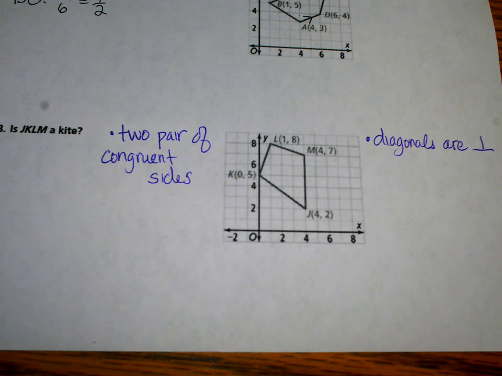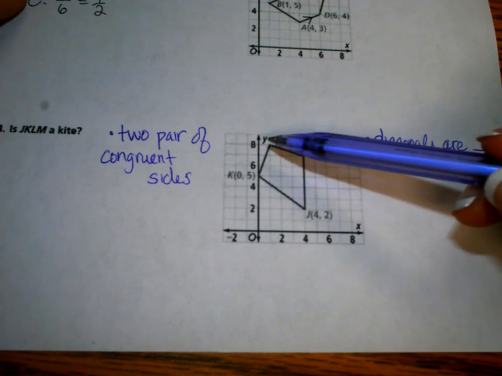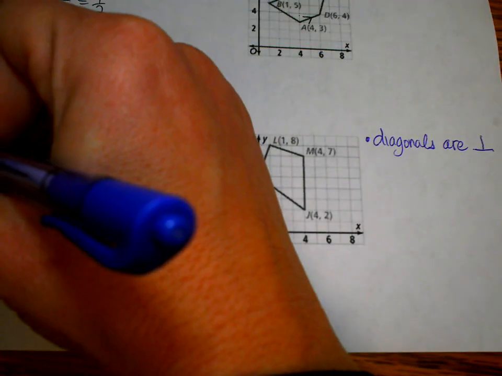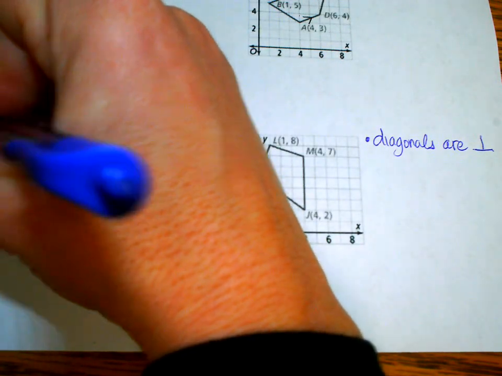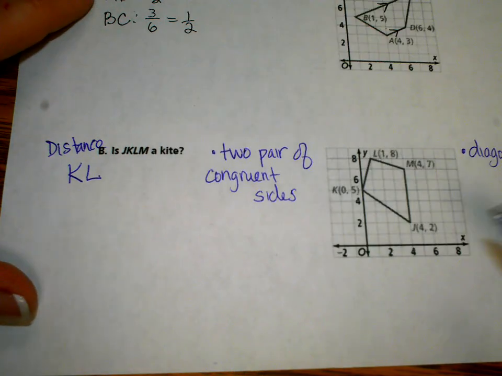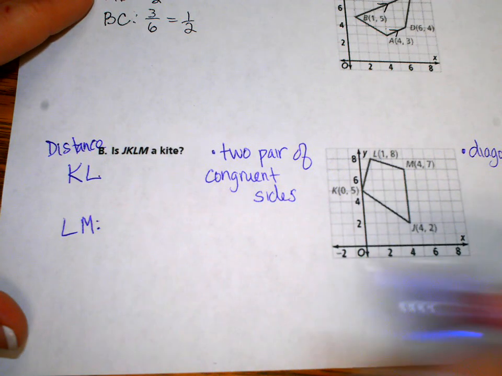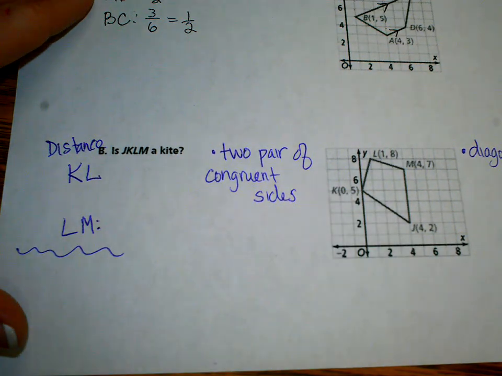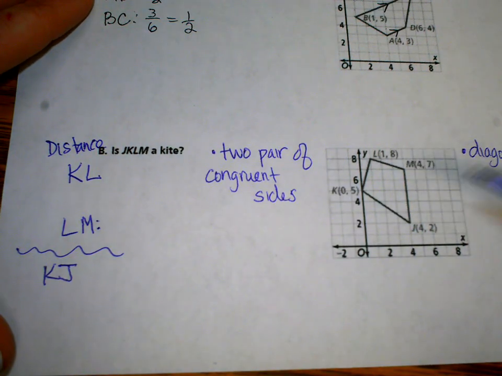I need to know whether the length of KL and LM are the same. So I'm going to find KL, the distance, sorry if you can't see, the distance of KL, and I need to find the distance of LM. I also need to find the distance of KJ, and I need to find the distance of MJ.